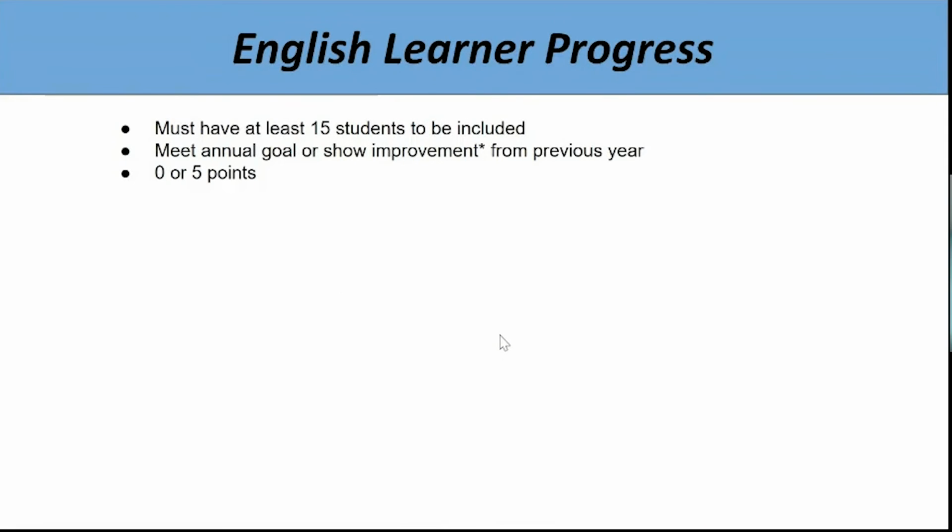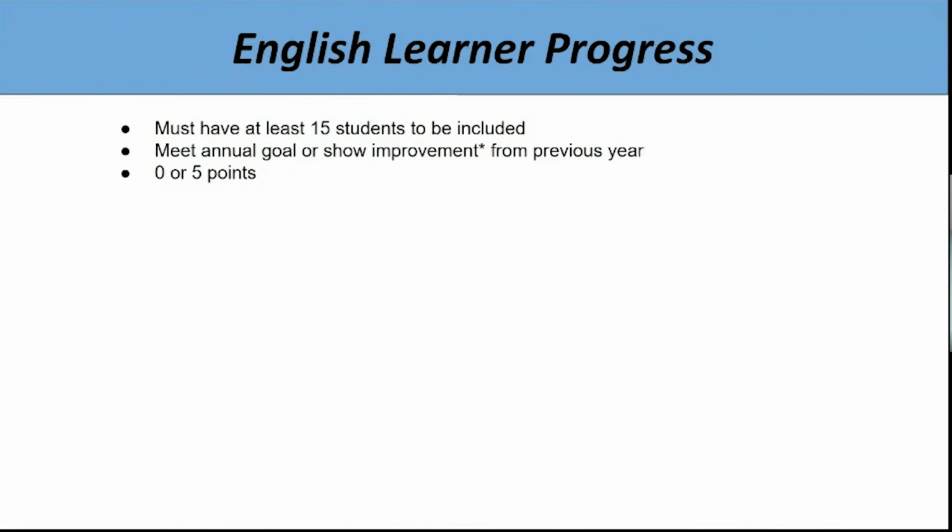Okay. English learner progress. So again, this one, another one where you need 15 students to be included. Some of our districts will not have this piece. So they may get a 0 out of 0 or an NC on this part of gap closing, and that just means that it's not calculated in. The way that you can get the 5 points is you can either meet the goal or show improvement from the previous year.